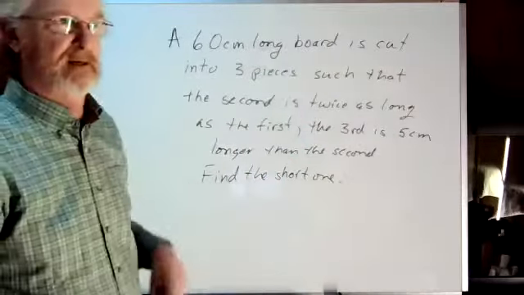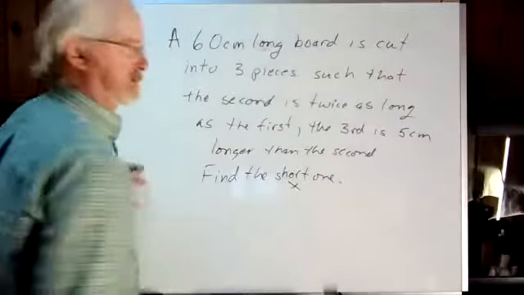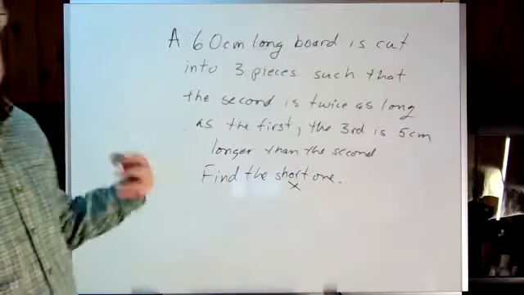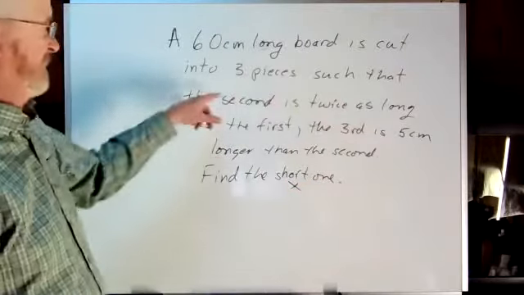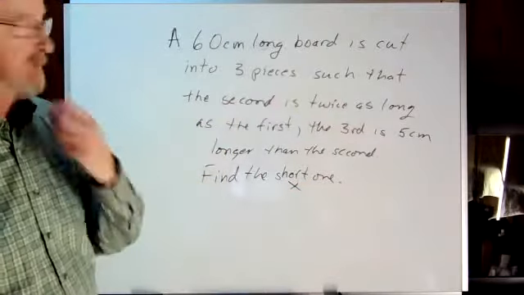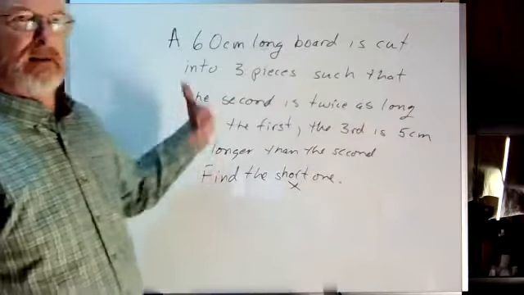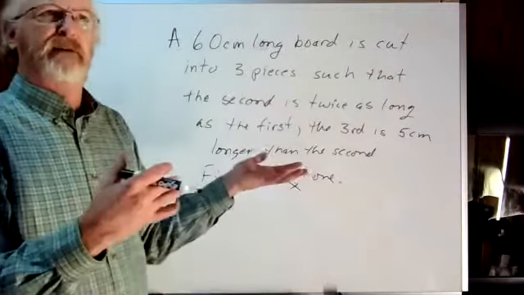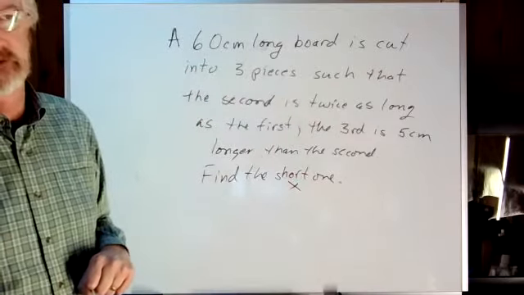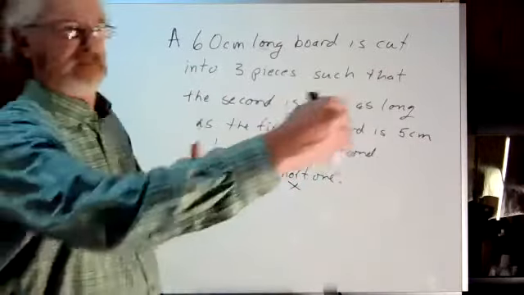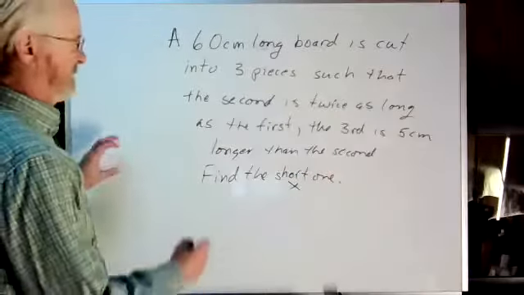So we can still just use one variable and describe all the others in terms of this shorter one, which looks like it's the first one. Add them all up. They're supposed to add up to the 60 centimeters.